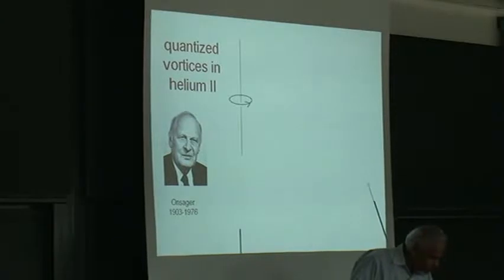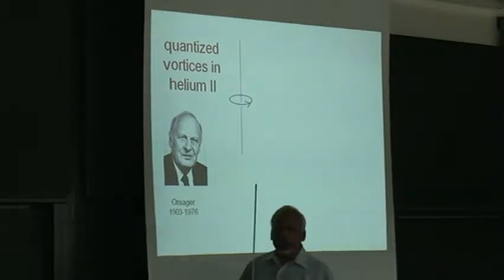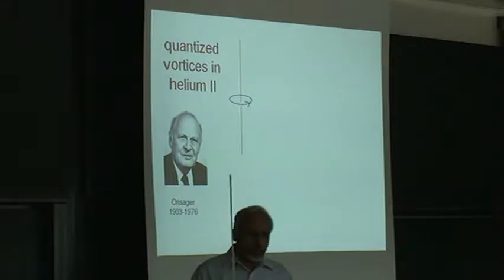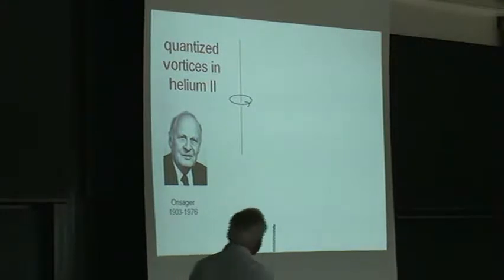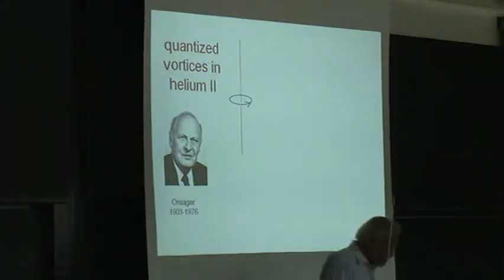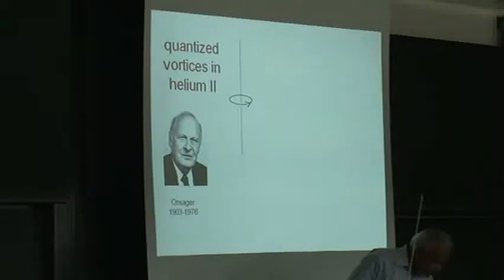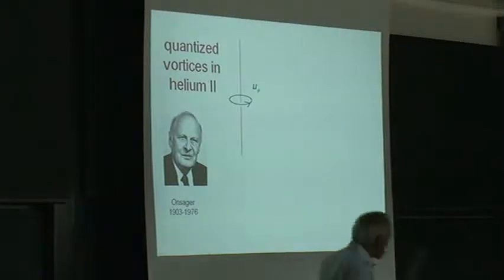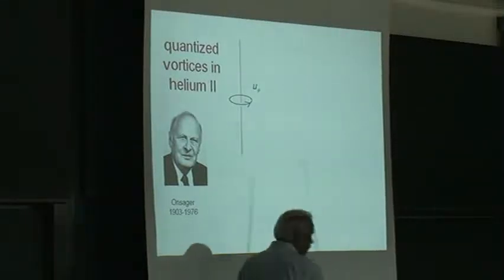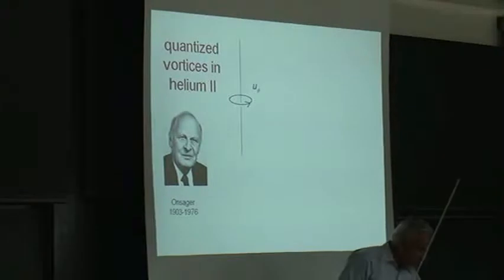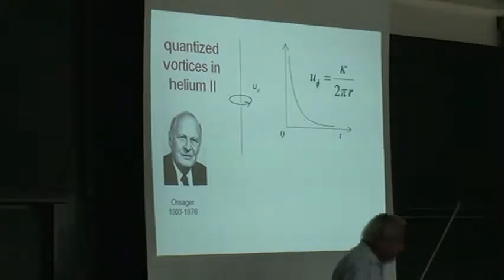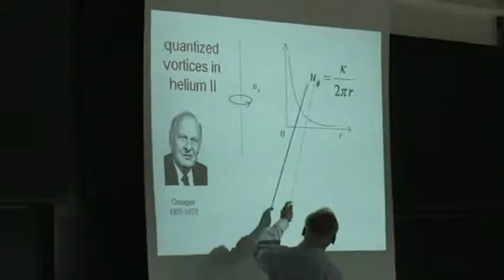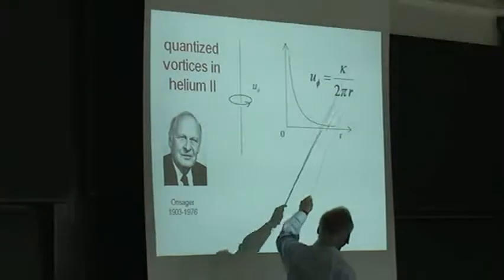And what Onsager thought was that spontaneously these line vortices are formed, mostly as the favored state in energetics. These line vortices have a circulation around them, and the circulation is such that the velocity goes down like 1 over r.